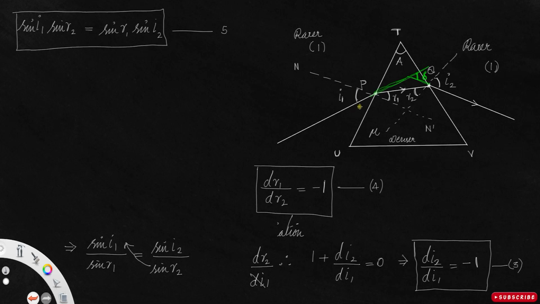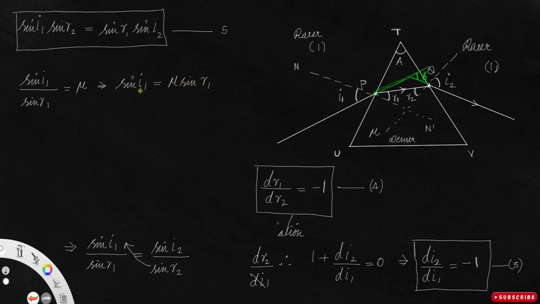Now again, let me take that refractive index. Applying Snell's law at P, we have sine I1 by sine R1 is equal to mu. As we just wrote before, the Snell's law at the point P. Now I have sine I1 is equal to mu into sine R1.